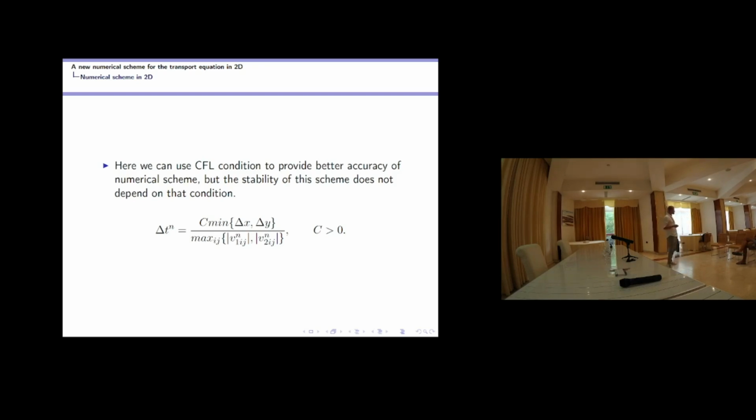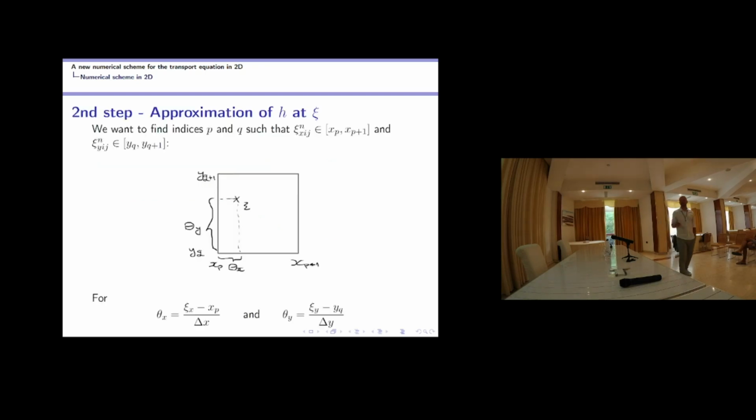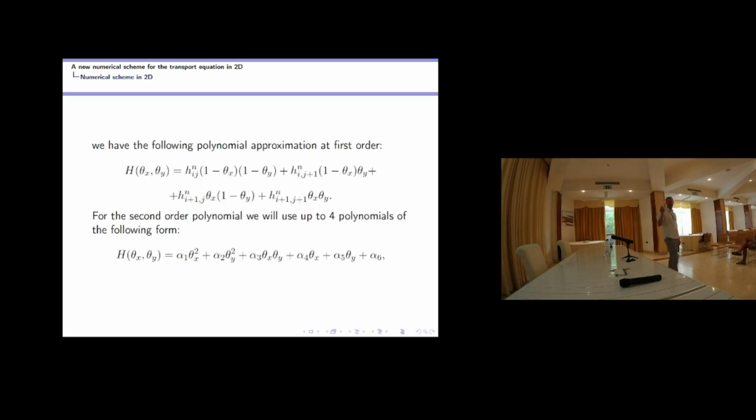computing fluxes and, for example, if we have two admissible polynomials, H1 and H2, we have to find an optimal gamma, which is gamma times this one plus 1 minus gamma times this one.